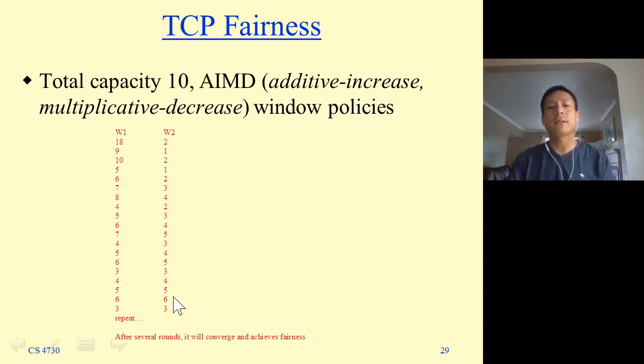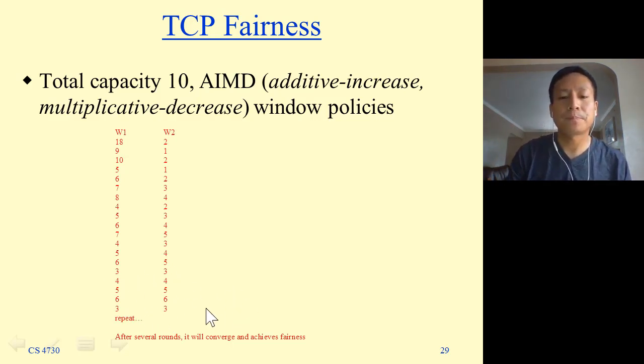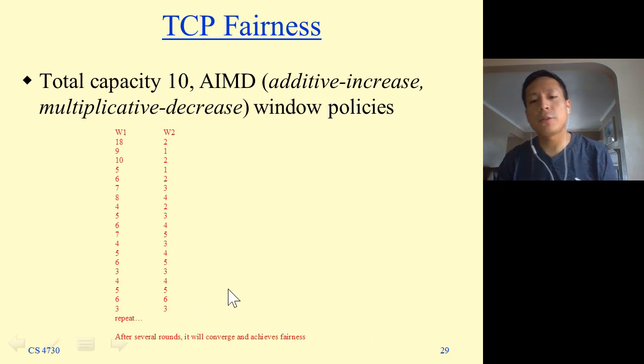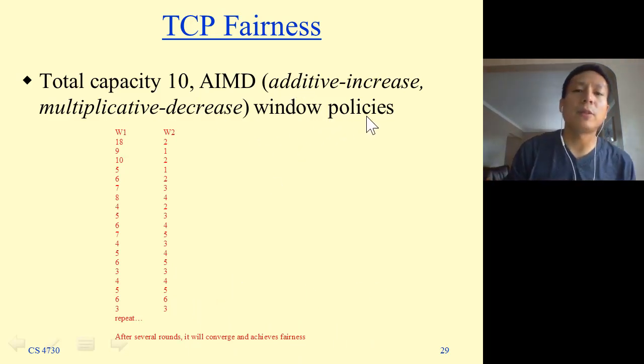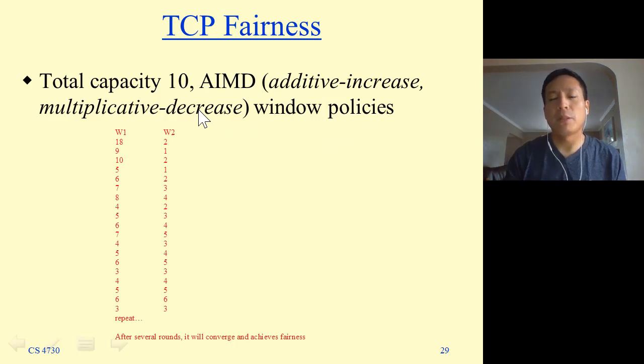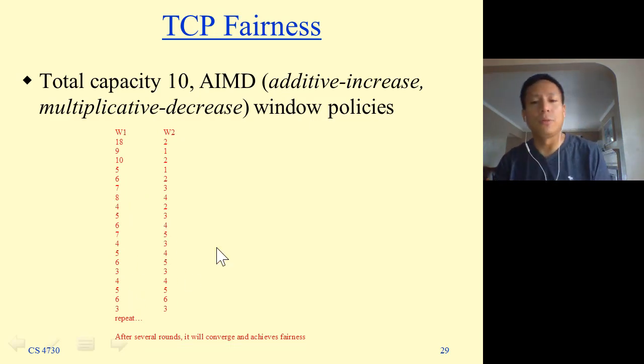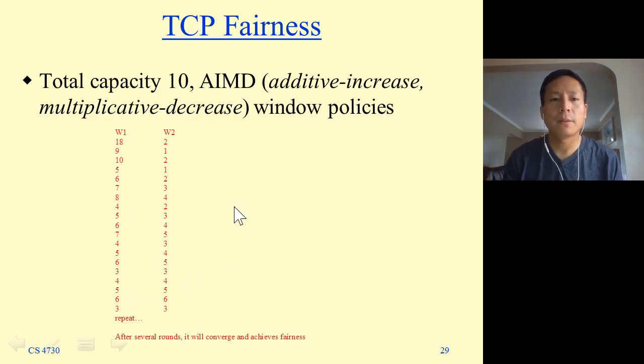So it's fair, right? Make sense? Because of the design of additive increase and multiplicative decrease, TCP fairness can be achieved, approximately. Remember this example; if I give you other numbers, make sure you understand them and know how to do this. Okay?